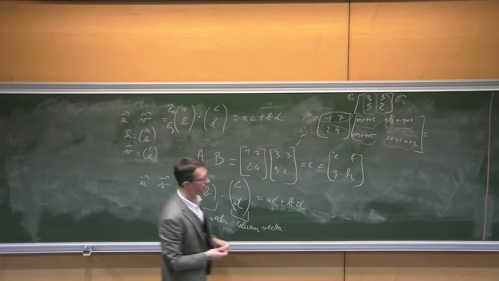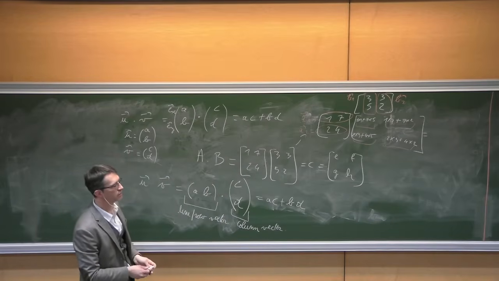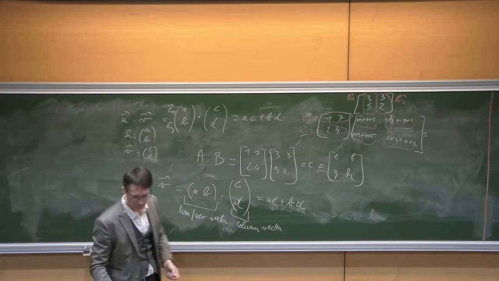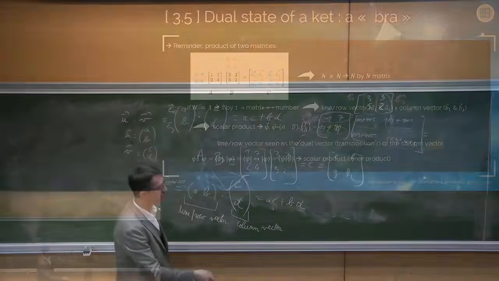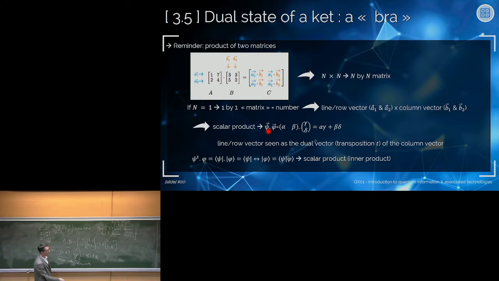Right. Okay, so what does that mean for our qubits? Well, it means that now I can define a scalar product that way. So if I go back to qubit notation, alpha, beta, gamma, delta, I would have this.